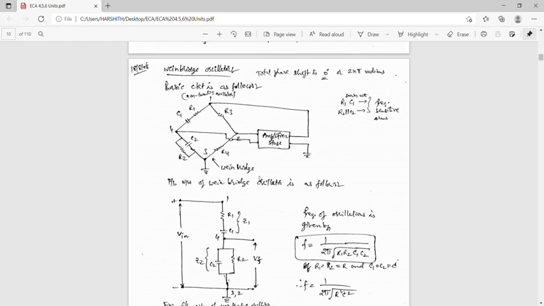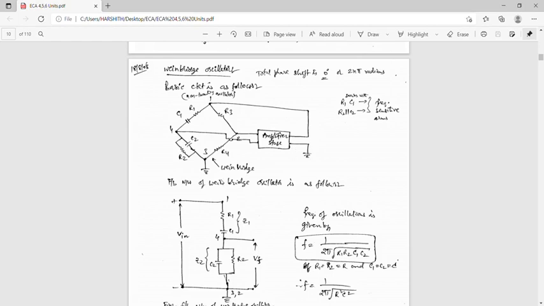The output of the amplifier is applied between the terminals 1 and 3. There are four terminals, 1, 2, 3 and 4, in the bridge type. So this is the Wien-Bridge oscillator.